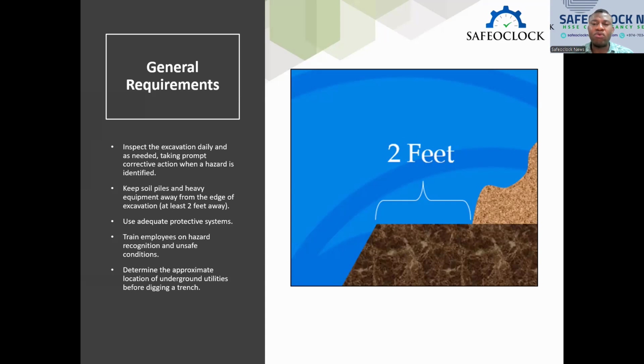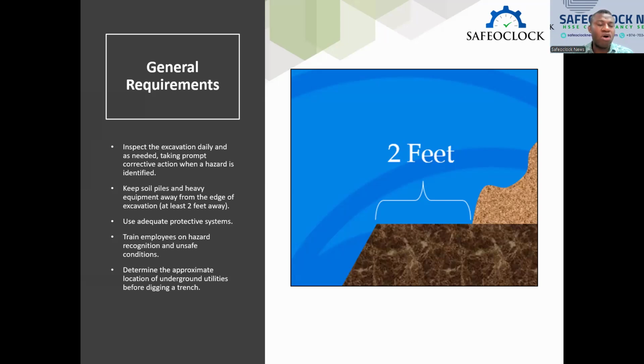It means that we should prevent excavated materials from falling inside the excavation by keeping the soil removed at a minimum of 2 feet away from that edge. So the edge of the excavation must be protected to avoid equipment falling into it.